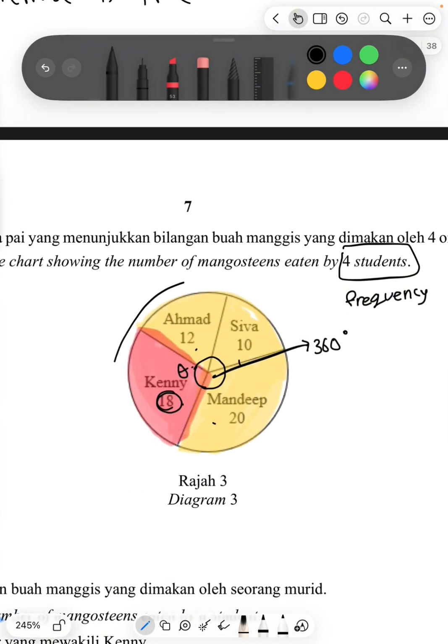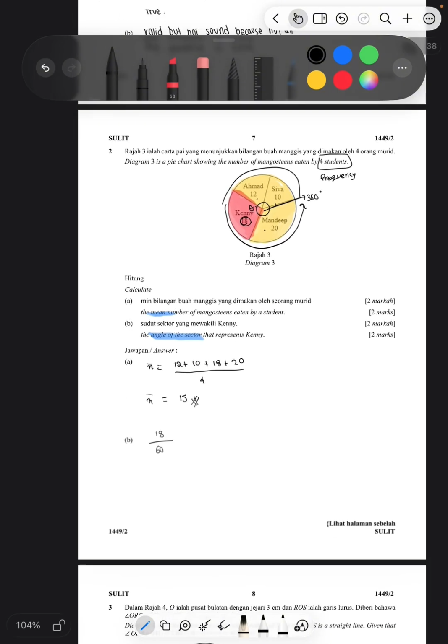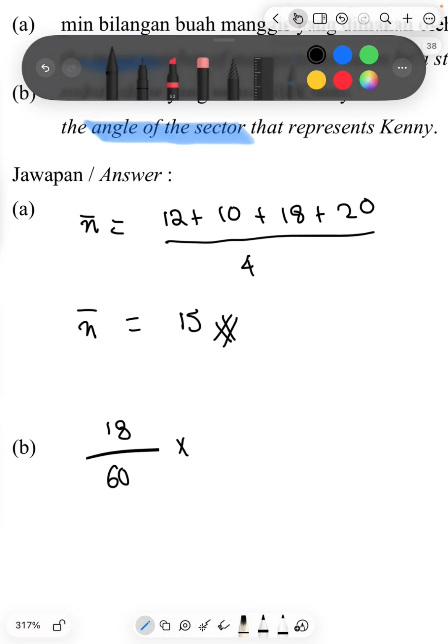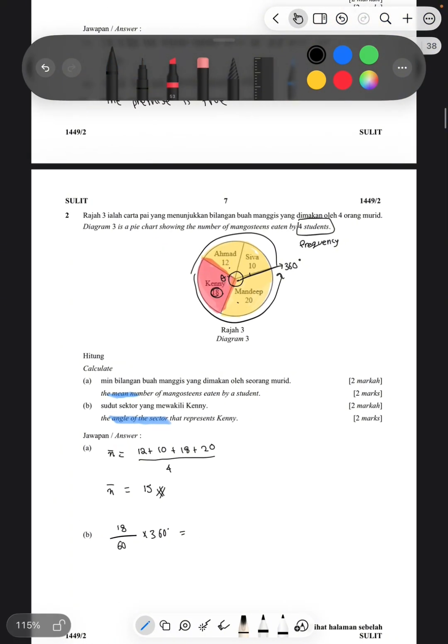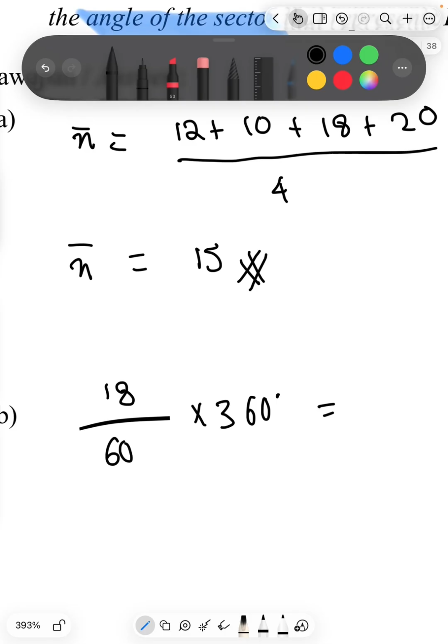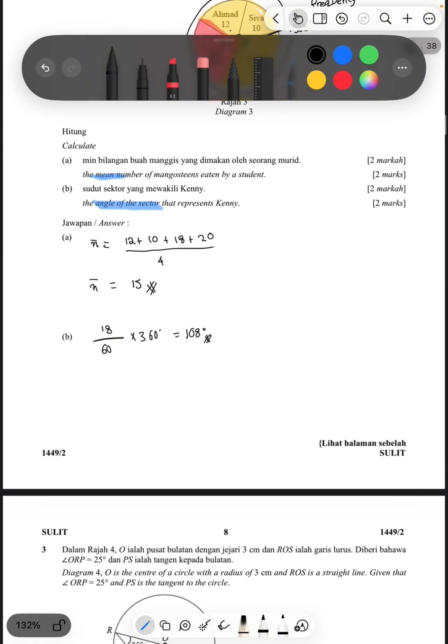Because this whole circle is equal to 360, we multiply it by 360 to get the theta for Kenny, because this is the probability of getting Kenny. And we have 108 degrees.